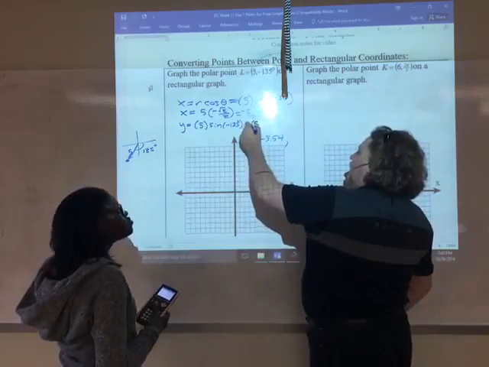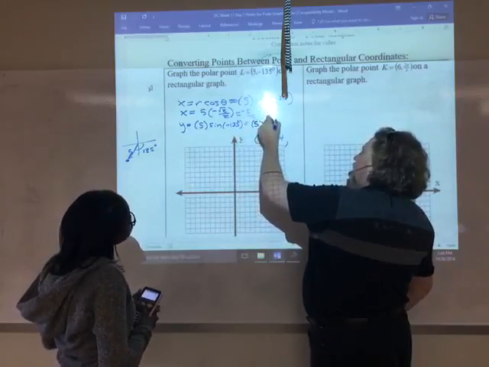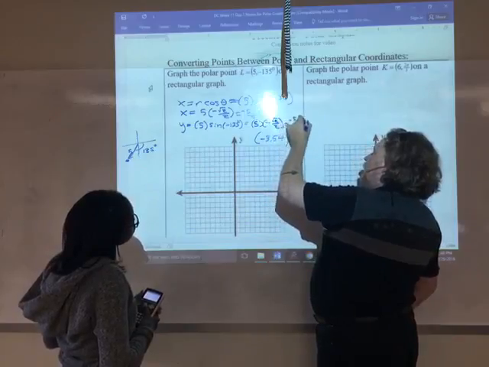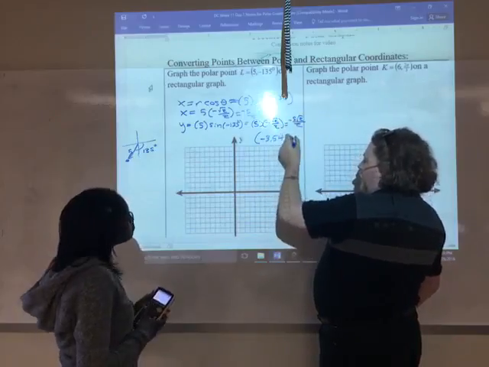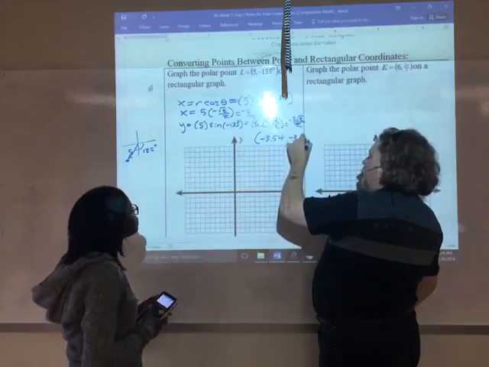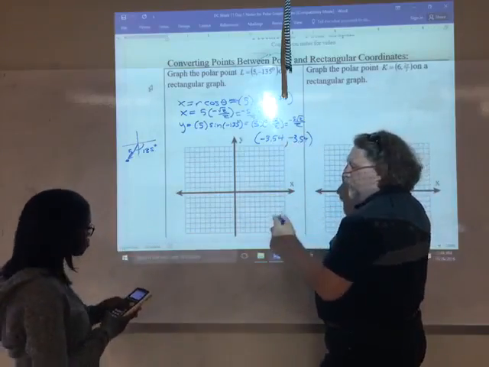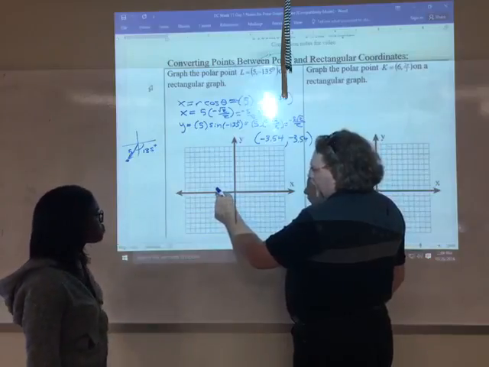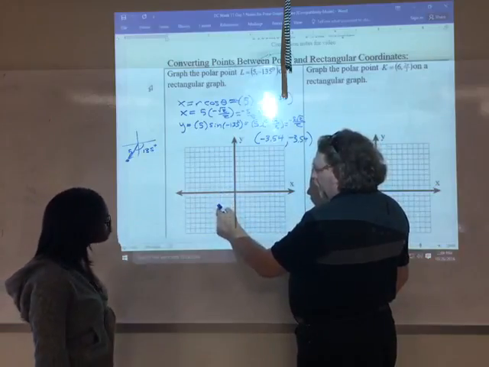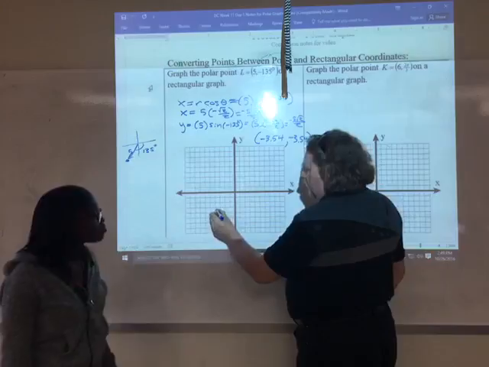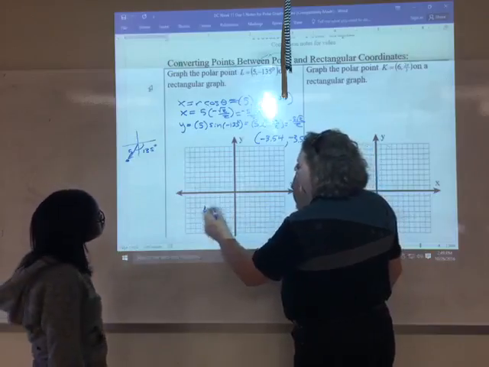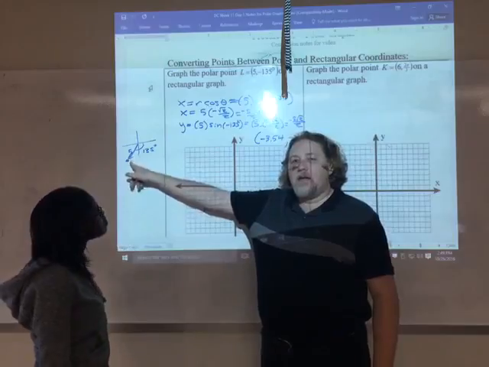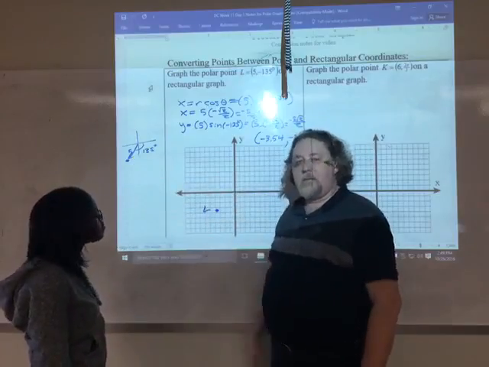So I have 5 times negative square root of 2 over 2, which gives me negative 5 root 2 over 2, or in other words, negative 3.54 again. So now I go over 3 and a half, and then down 3 and a half. And right there is point L in quadrant 3, as we predicted.